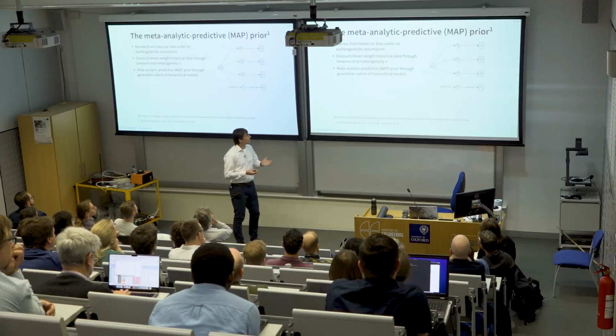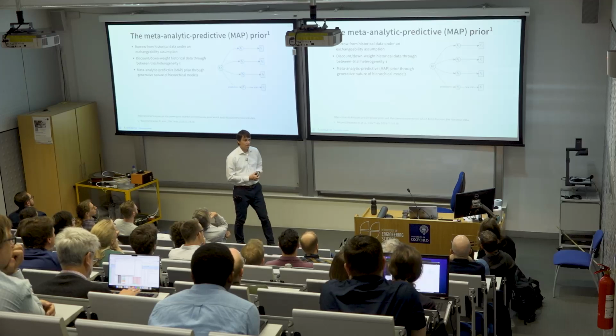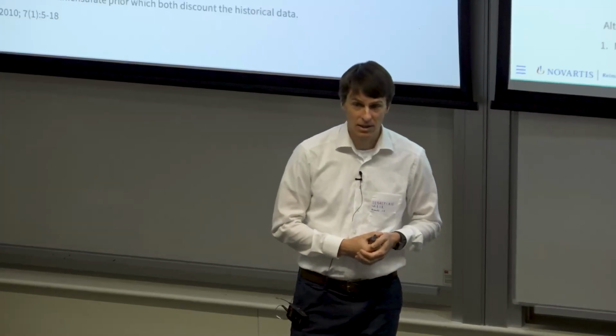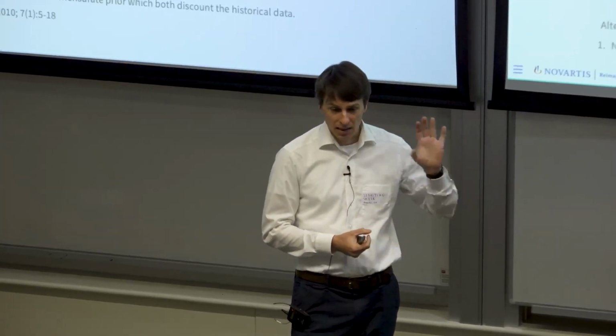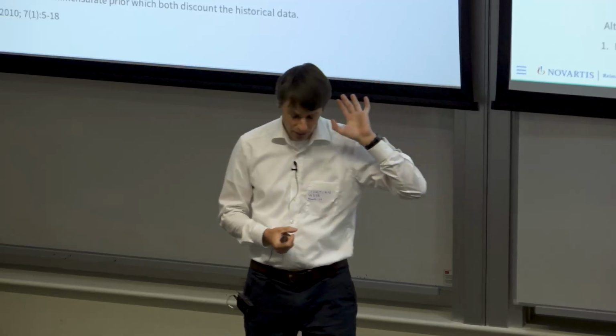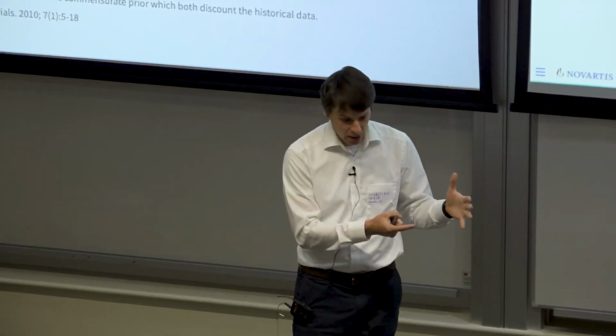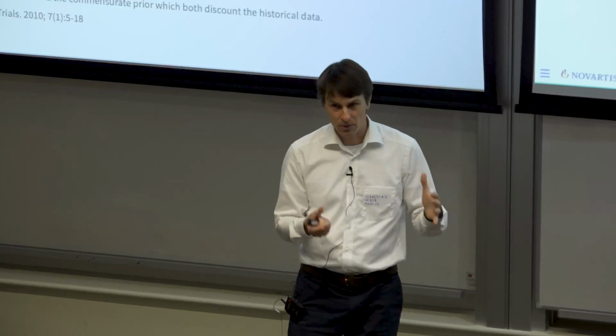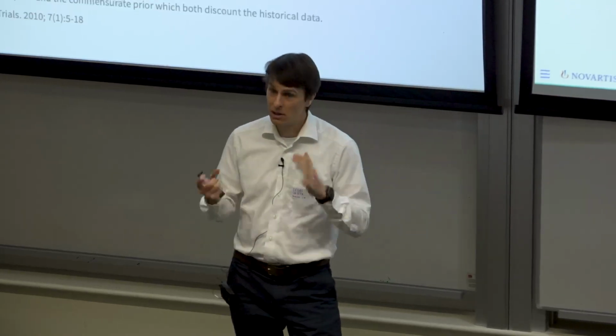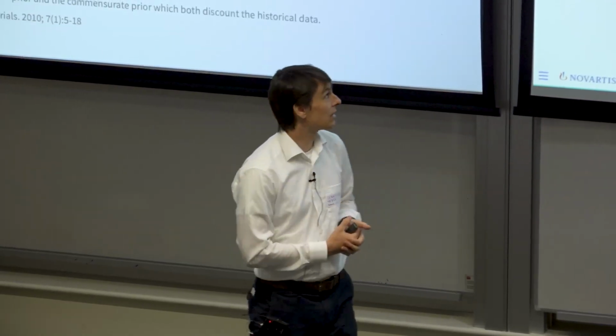And because we introduce between-trial heterogeneity, we do discount data, meaning we start with 513 patients worth of data in the historical data, but what this corresponds to as what you derive from a prior will be a lot less, and you will see that.